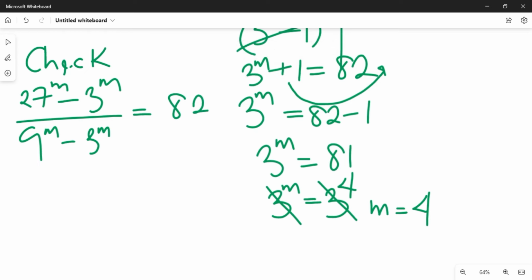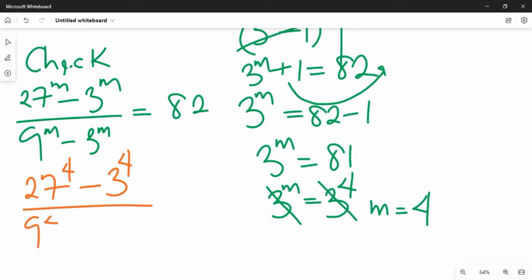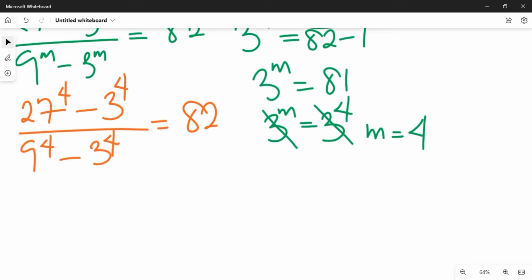So we are going to apply that. We have our 27 raised to power 4 minus 3 raised to power 4 all over 9 raised to power 4 minus 3 raised to power 4, and that should give us 82. So if we simplify this, we should be able to have 82.